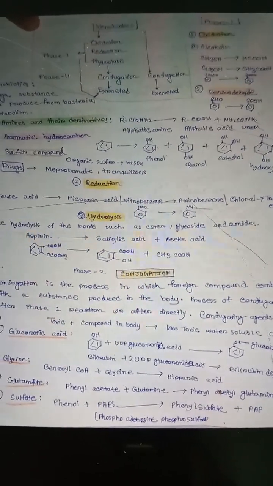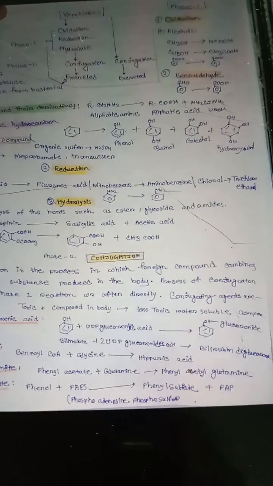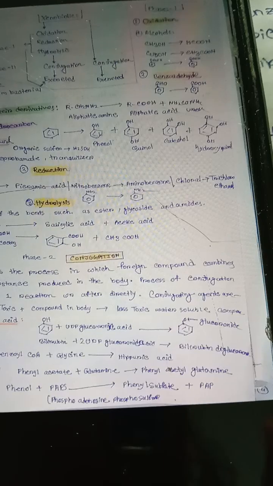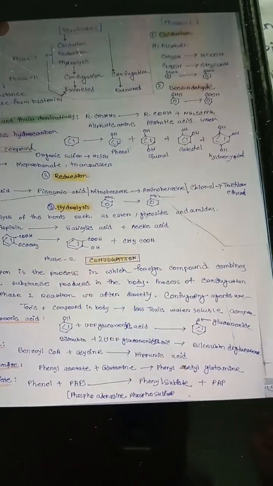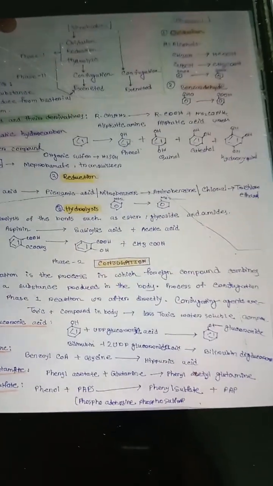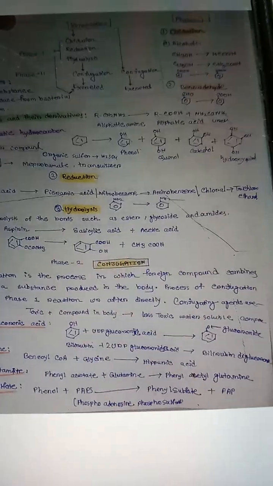So mark up the things. In phase 1 reaction, you should remember the three main reactions: oxidation, reduction, hydrolysis. The mnemonic for reduction is P, N and C: picric acid, nitrobenzene, and C for chloral. Nitrobenzene becomes aminobenzene, picric acid becomes picramic acid, and chloral becomes trichloroethane.